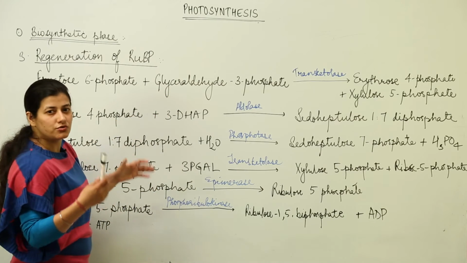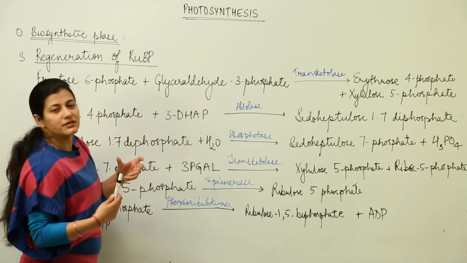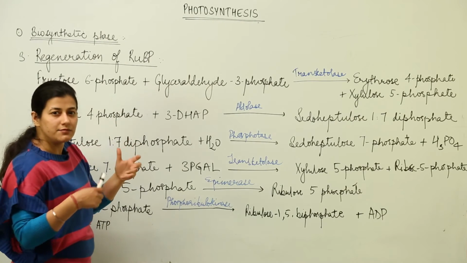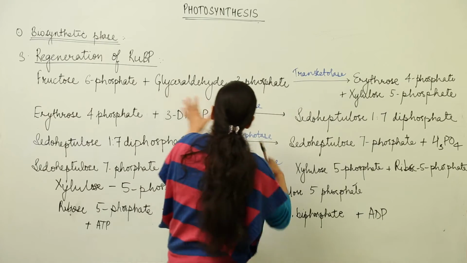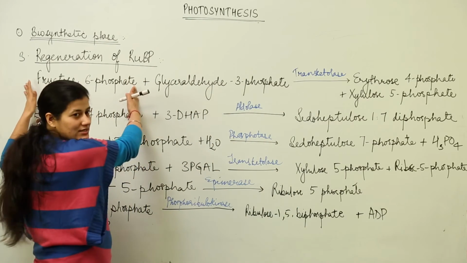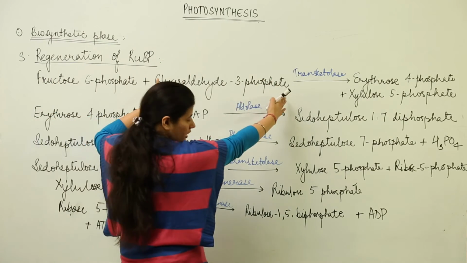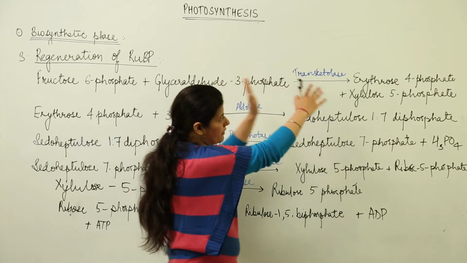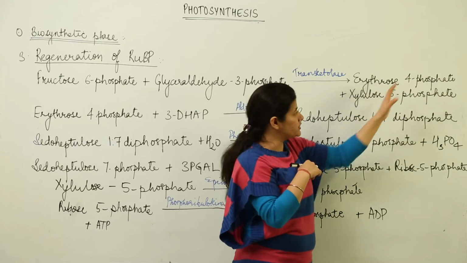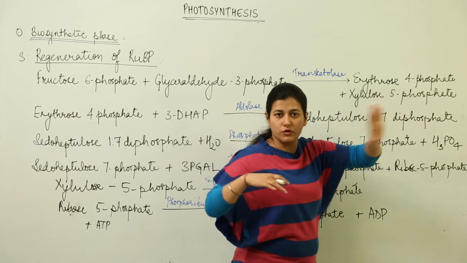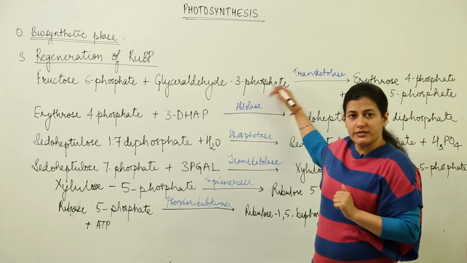I would suggest you just keep it simple and memorize the names instead of getting into the details of the chemistry of these compounds. This is a 6-carbon compound, this is a 3-carbon compound. Both of them come together and form these 2 compounds.